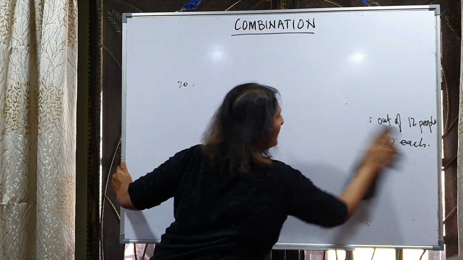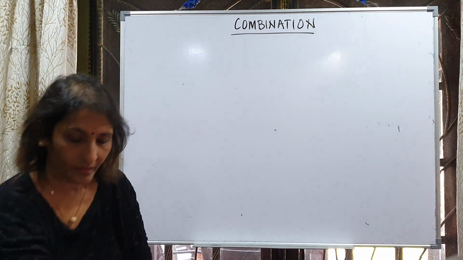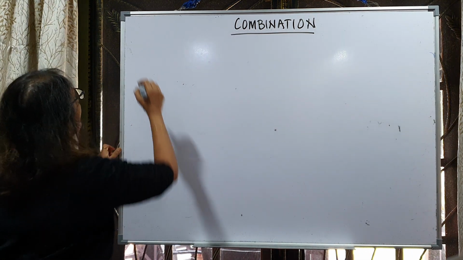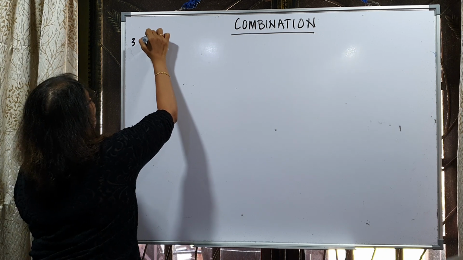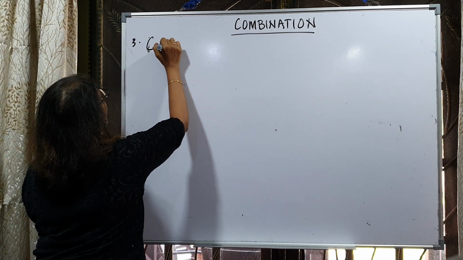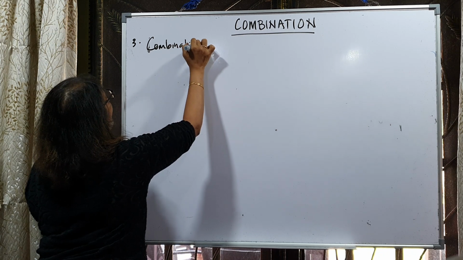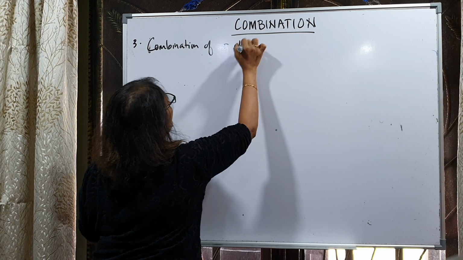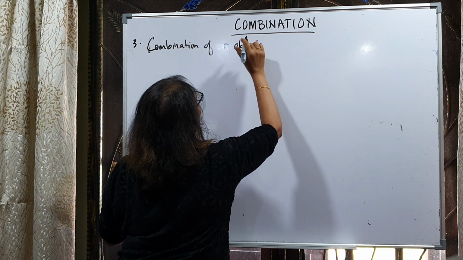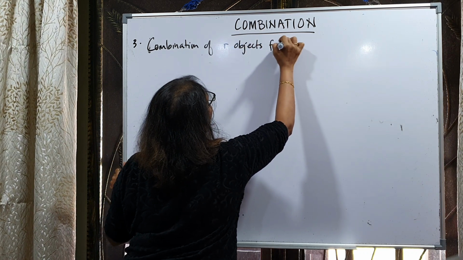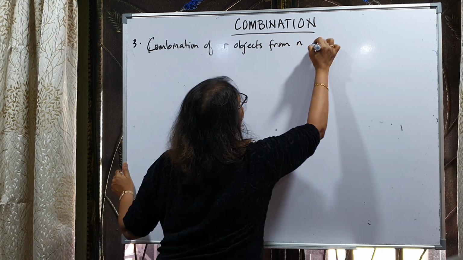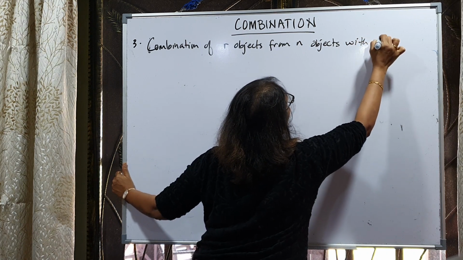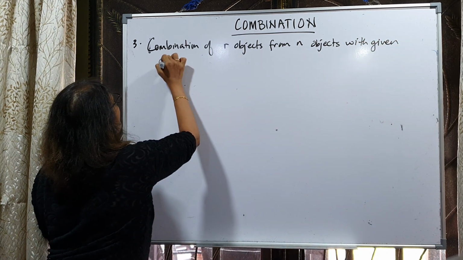Okay, one more. Another number 3. Number 3 is combination of r objects from n objects with given conditions.